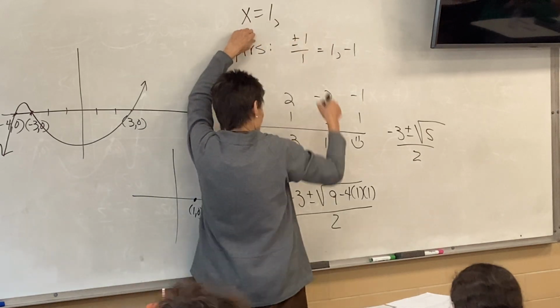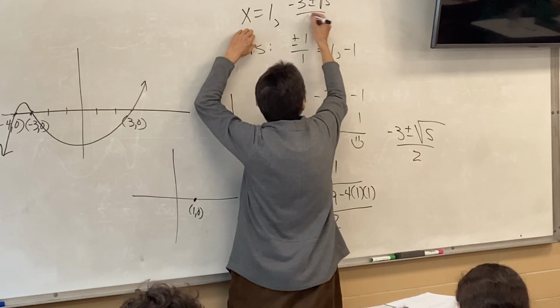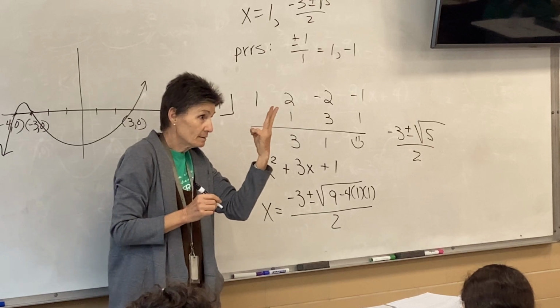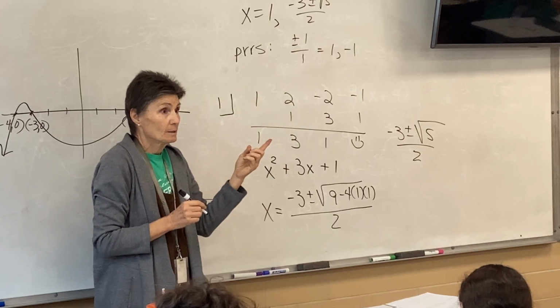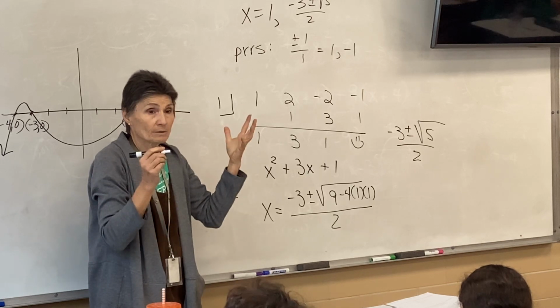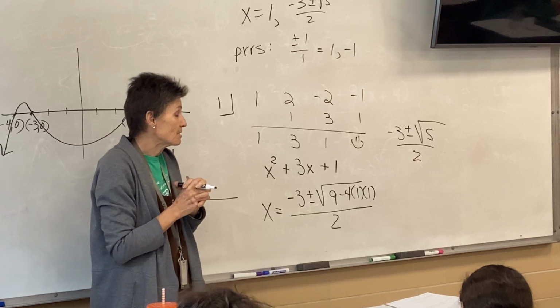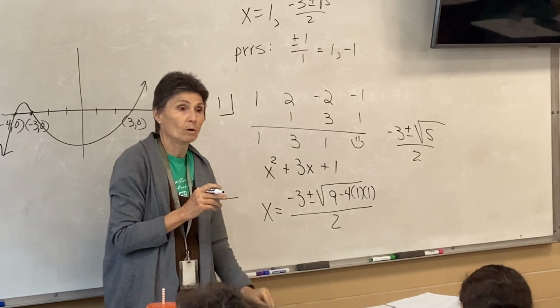The other two are negative 3 plus or minus root 5 over 2. So there are 3 answers, because it's an x cubed problem. And there they are. I'm not asking you to graph it, I'm just asking you what does x equal?